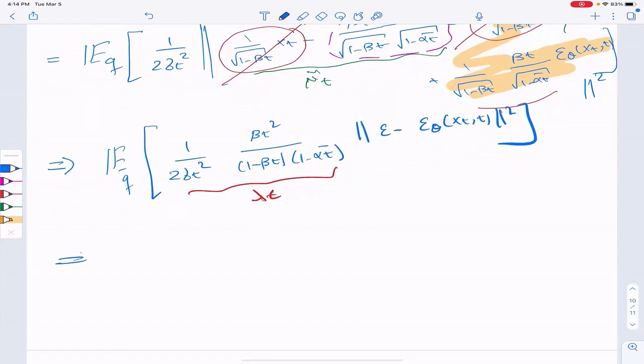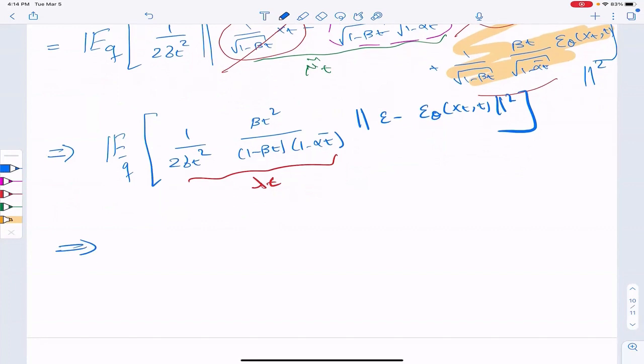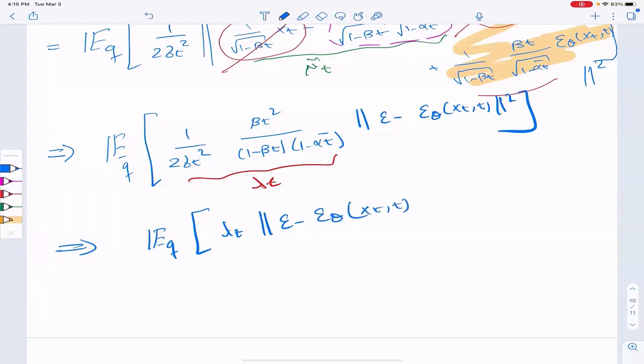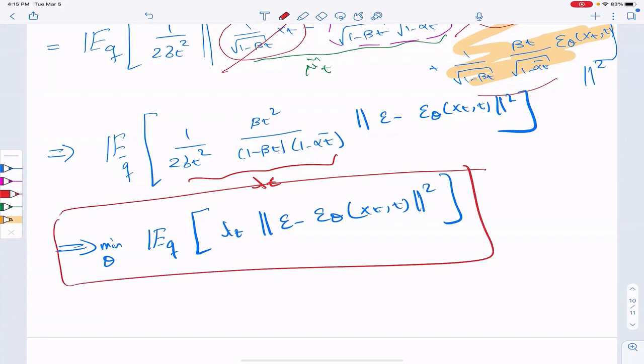Therefore, my optimization is just the following: expectation over q, lambda t, epsilon minus epsilon theta of xt and t, squared. And I'm minimizing over theta. That is it.